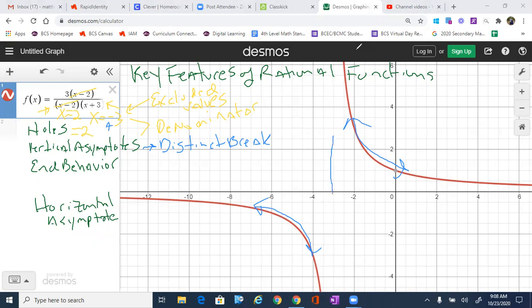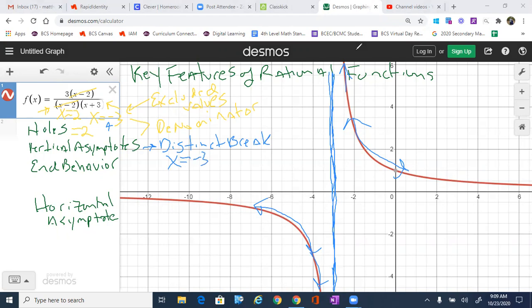If I go to negative 3 and I graph a line straight up and down, it looks like the graph is approaching in that direction, but it's never going to actually cross that. So that is what our vertical asymptote is. It's vertical because it's straight up and down. It's an asymptote because it's a place where the graph is approaching but won't get to. So our vertical asymptote is x equals negative 3.